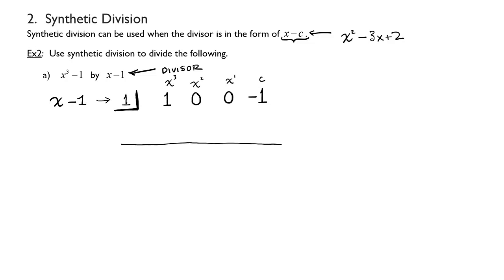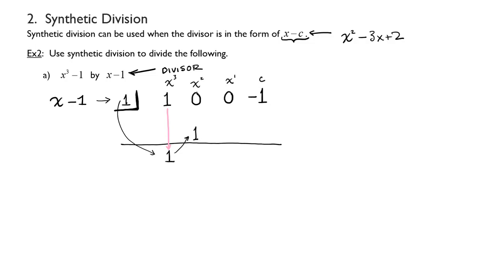The first step in this process is to drop the first coefficient, the highest degree coefficient, down below the line. Then I take the number that was from the divisor and I multiply it to the 1. 1 times 1 is 1, and I put it below the next term to the right.